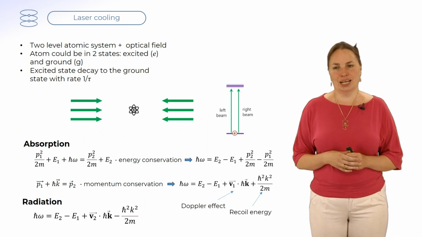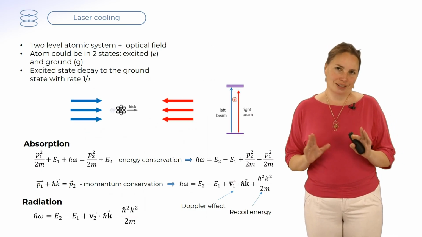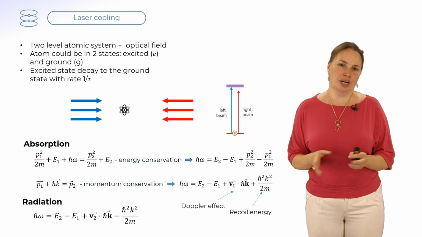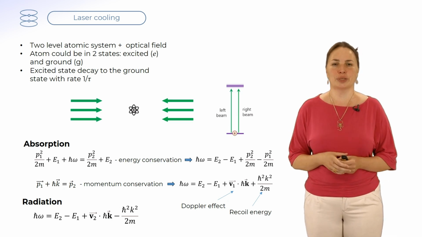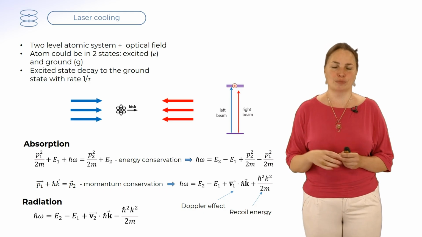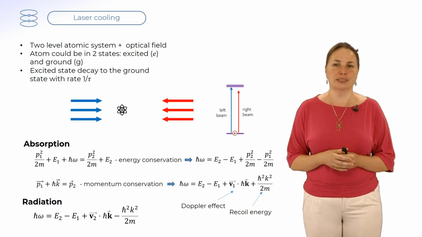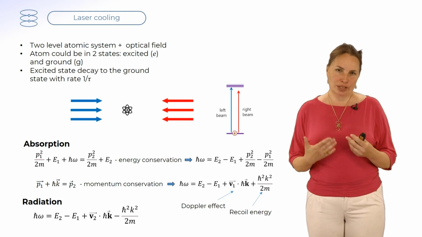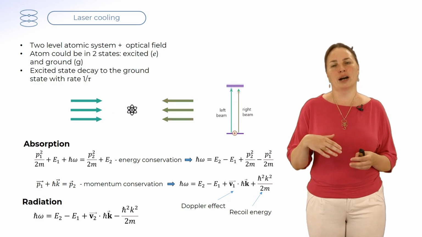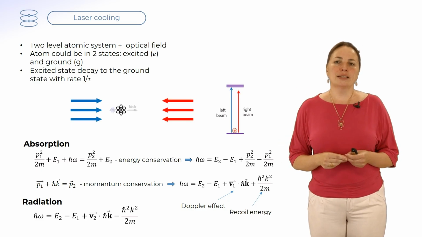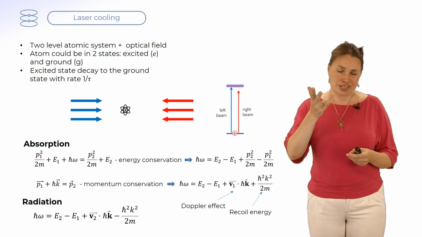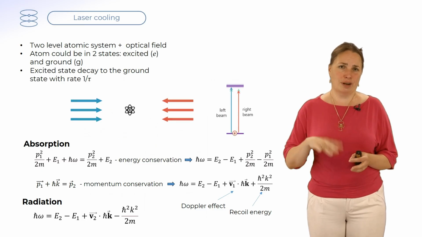Laser cooling. The same thing happens with an atom or ion when we have a two-level atomic system, like we see on this small video, and an optical field. The atom could be in one of two states: either in a ground state or an excited state. And then this excited state somehow decays after some time.